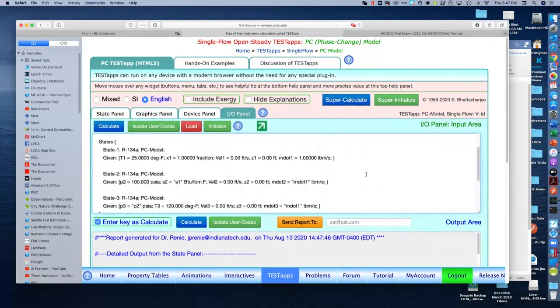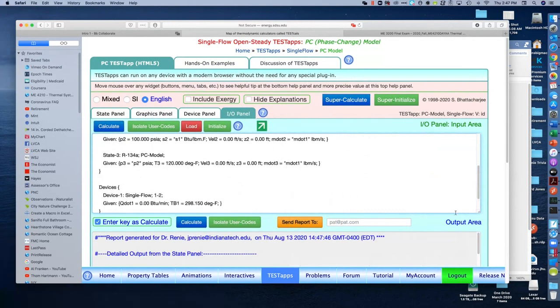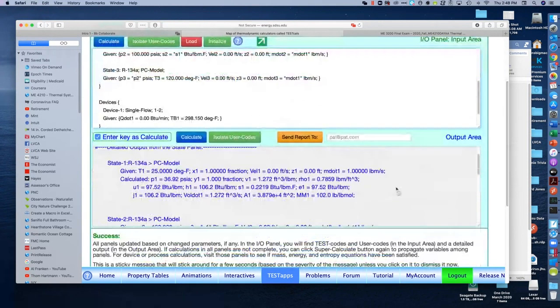we do the super calculate, we then see that here is the input that was put in for state 1, state 2, and state 3, and then the output is also presented to us.